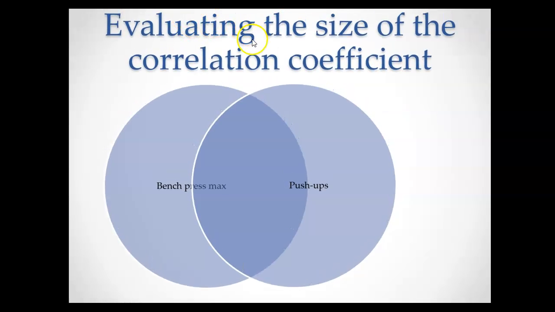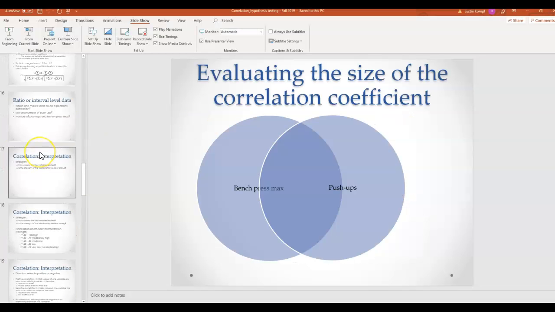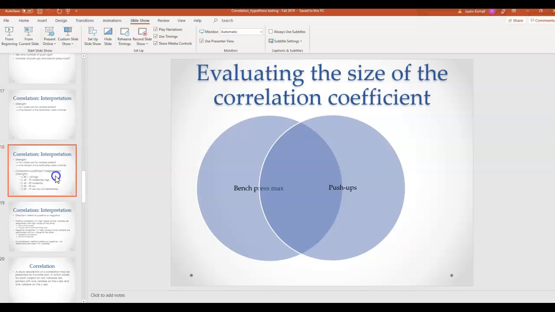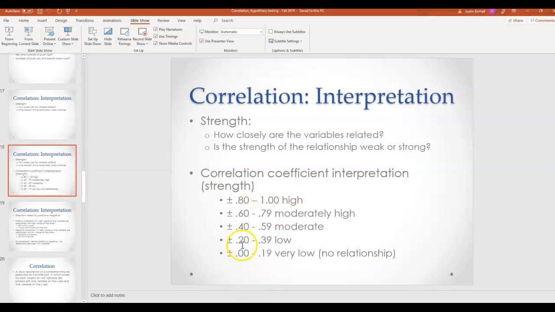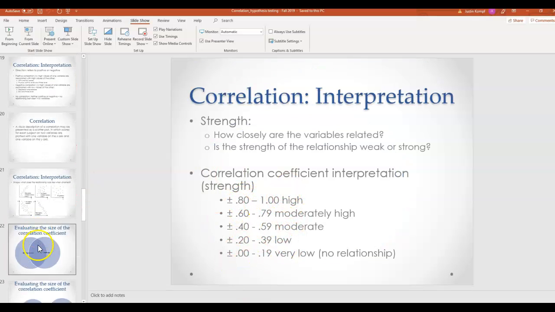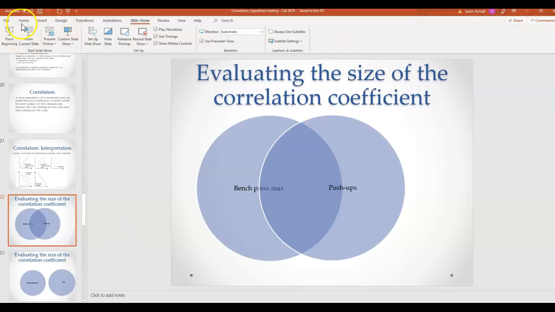So you also might want to evaluate the size of the correlation coefficient, and this will make sense as I actually show you the information on Stata. You'll get your Pearson's R, and that will be a number which would be something like this. Or if we went to strength, you'll get some numbers such as this. And we could use a Venn diagram in order for this to make sense.